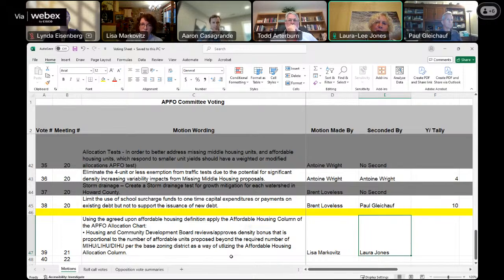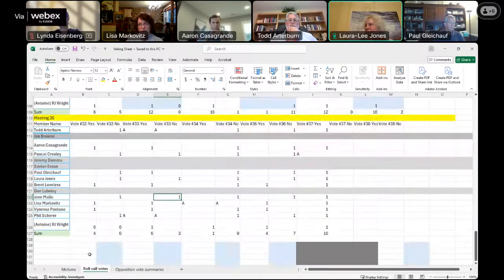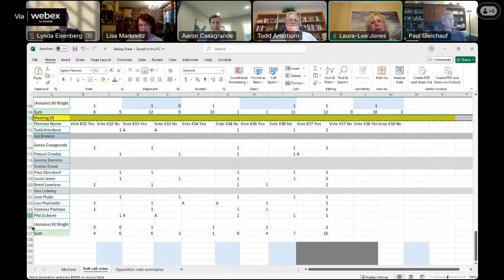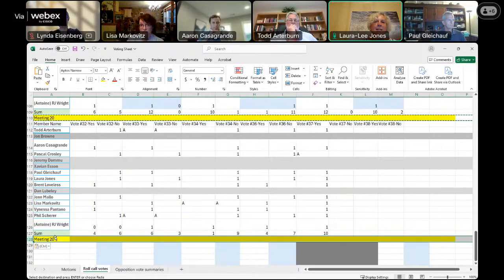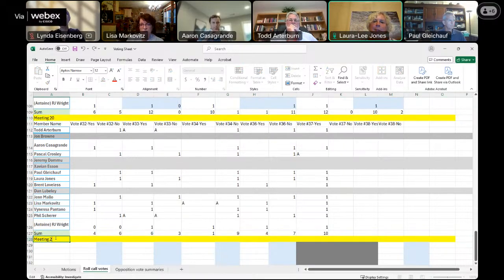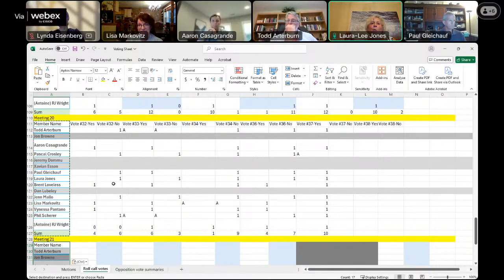So what Linda was trying to say is that's what they're trying to incentivize: if a developer has the option of making more units, that's a place they could pull from for their allocation. This is trying to say to the developers, hey, you need more allocations? We got this whole column over here that we're not using. So you could add a few more units to your development if you use these over here. Yeah, exactly.